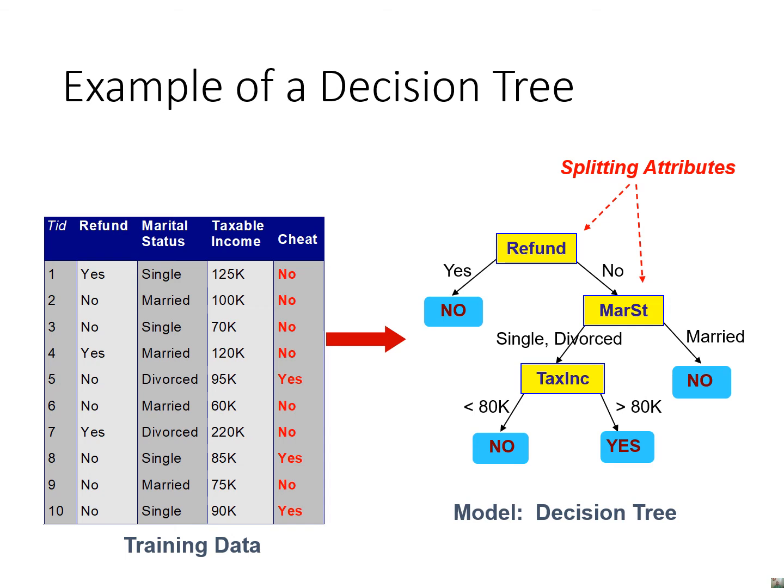Accordingly we have marital status and then taxable income. Every field has multiple decision making branches. That is why we say this algorithm is a decision tree.